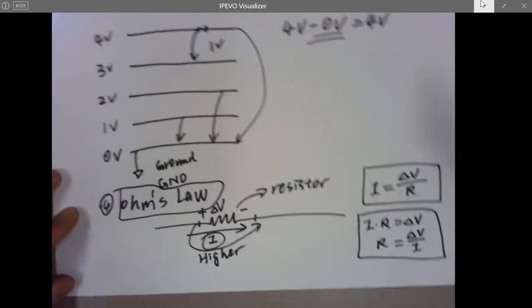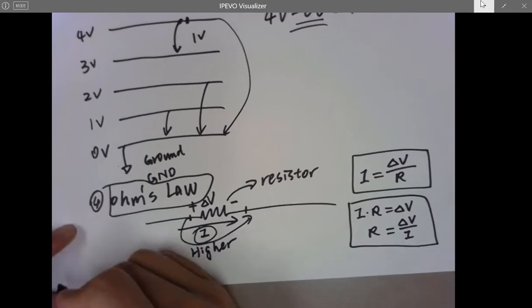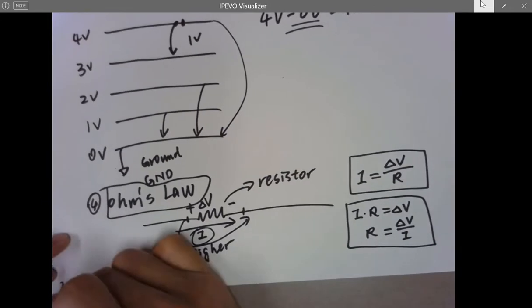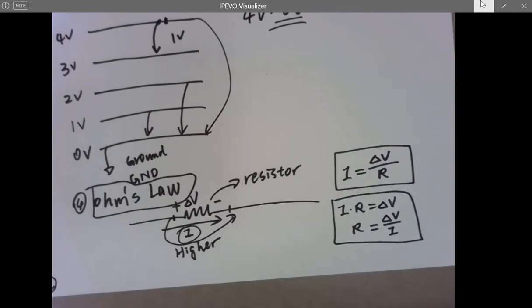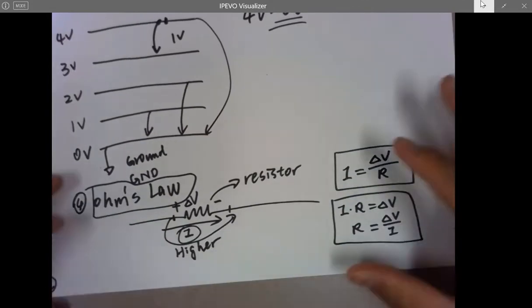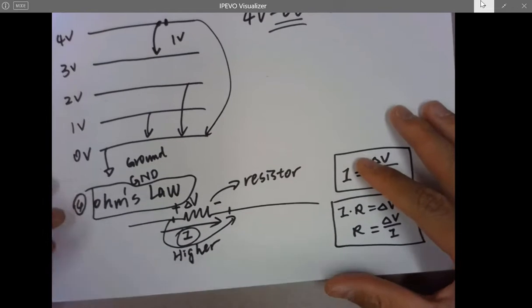So no differences. That's number one important, pretty much the very first concept you need to know in circuit analysis. Okay, the next concept is polarities of the voltage. You need to understand this concept as well.